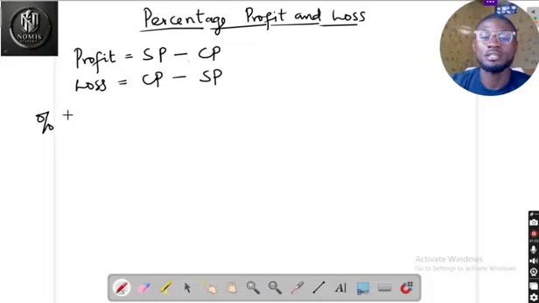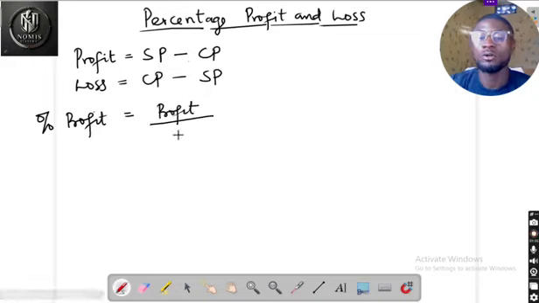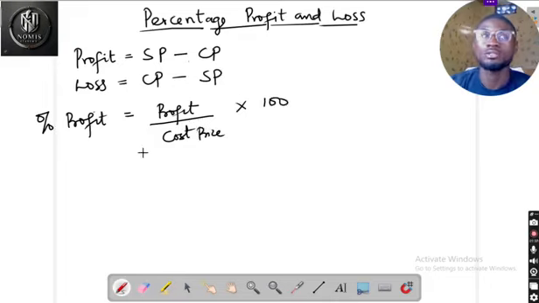Percentage profit. To calculate profit percentage, that's equal to the profit made all over cost price multiplied by 100. So this is the formula to calculate profit percentage.